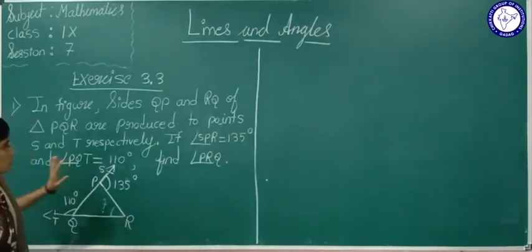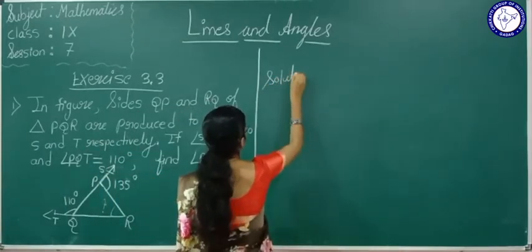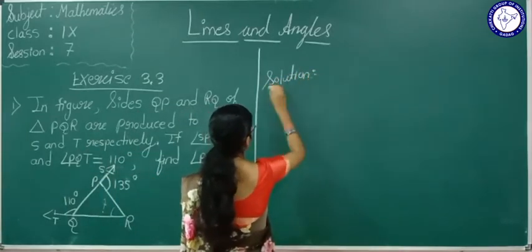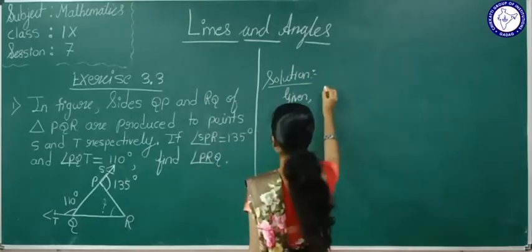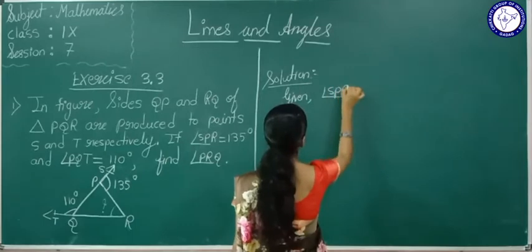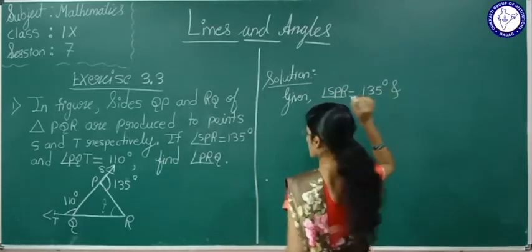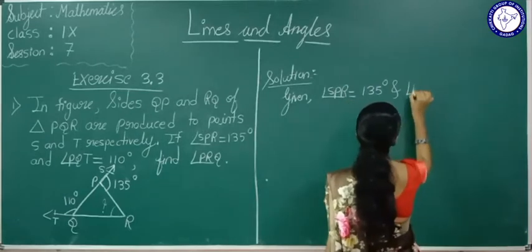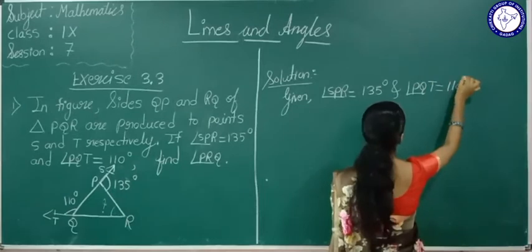Okay, now see, students, for the solution we will write what they have given. Given: angle SPR is equal to 135 degree and angle PQT is equal to 110 degree.